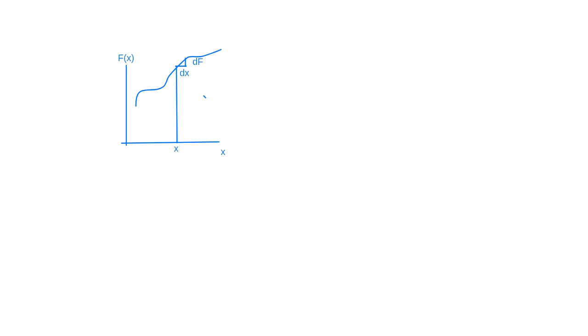Well, it is equal to the gradient slope of the tangent to the curve at that point. All right. Right, the tangent, which is the linear approximation to the curve within a very narrow range, x plus dx. So df by dx is the gradient of a tangent.